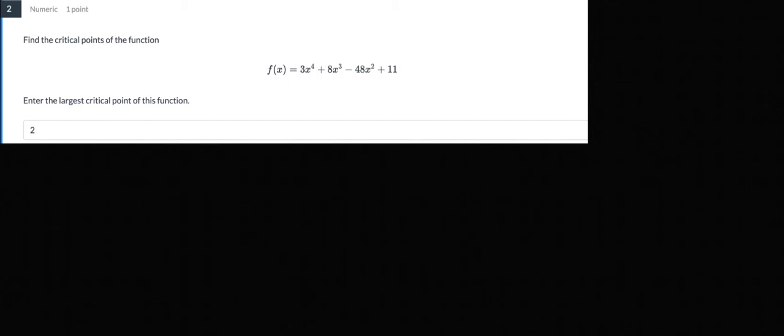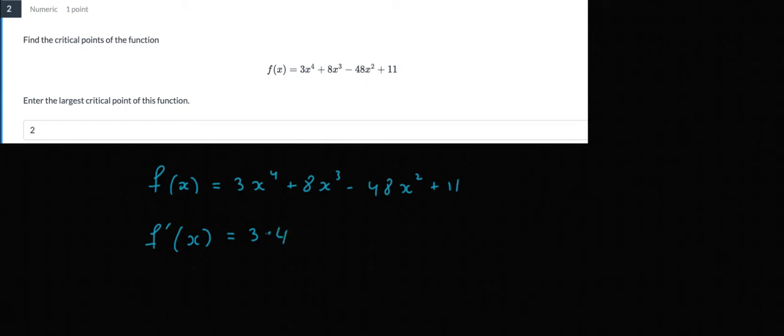Okay, so here our function is, we copy the function first, 3x to the fourth plus 8x cubed minus 48x squared plus 11. I will calculate the derivative of this function. It will be 3 times 4x cubed.